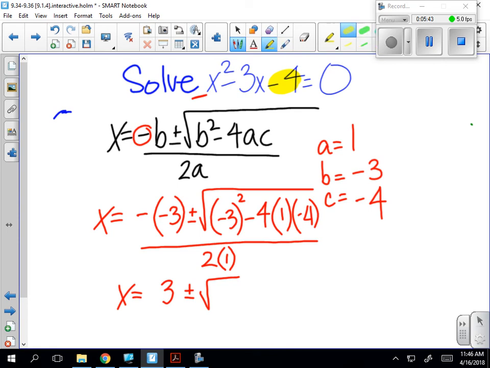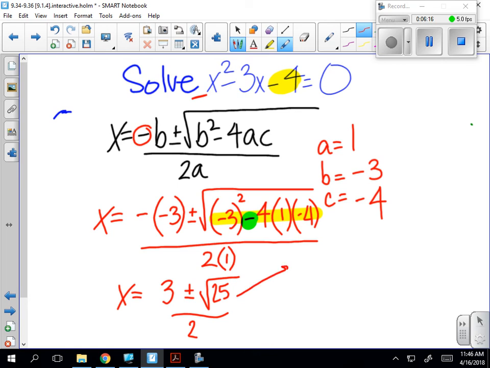And then a strategy that you can use is to plug this into a calculator. So exactly as it's written, so parentheses, negative 3, parentheses squared, minus 4 times 1 times negative 4. And always remember that this symbol right here is a minus, a subtraction sign. It is not a negative when you use the calculator. So we will get 25 when we plug that in to our calculator. And then divided by 2, because 2 times 1 is 2.